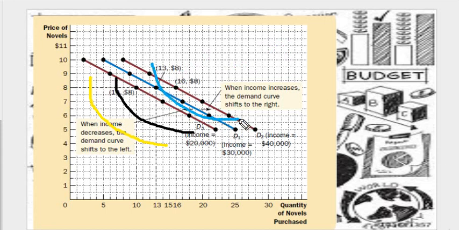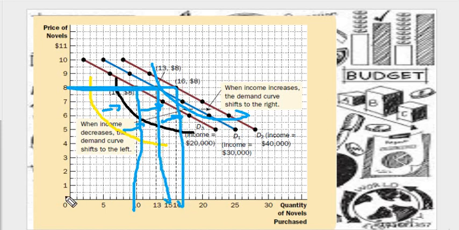It does not matter. As long as there is a parallel shift, all it's doing is that at the same price the quantity demanded is more and more, or in the case of supply something else happens.